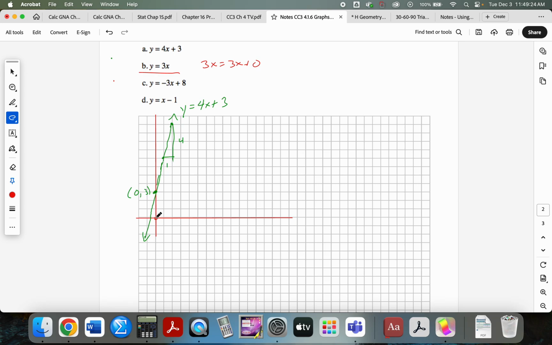So we're going to start at 0 and grow by 3 each time we move to the right one. That's going to go right through my 4. So that's y is equal to 3x, and its y-intercept is the origin, 0, 0.